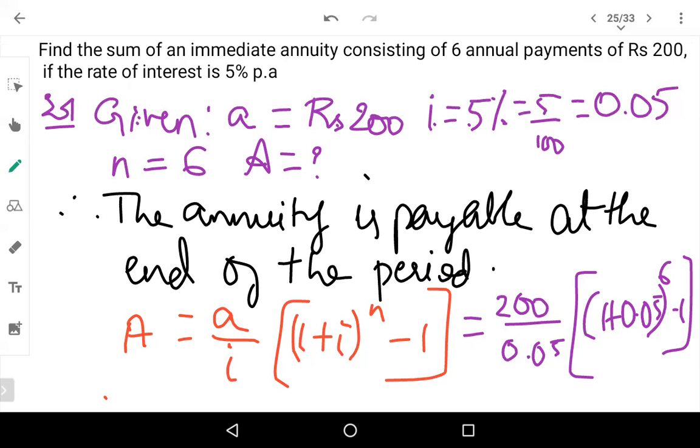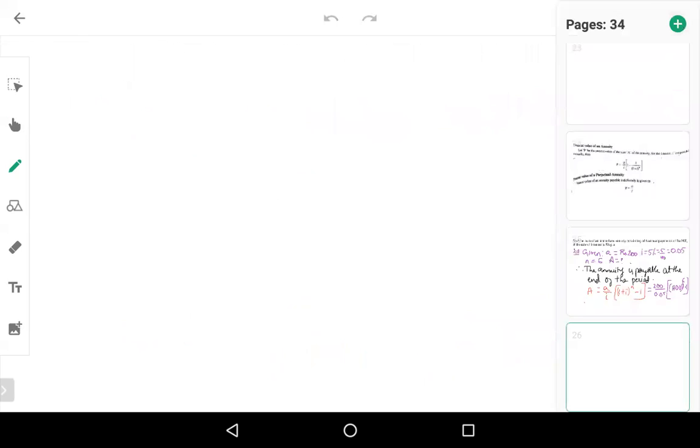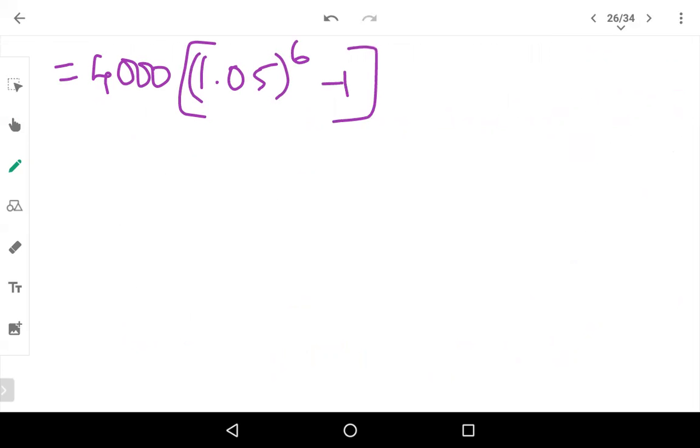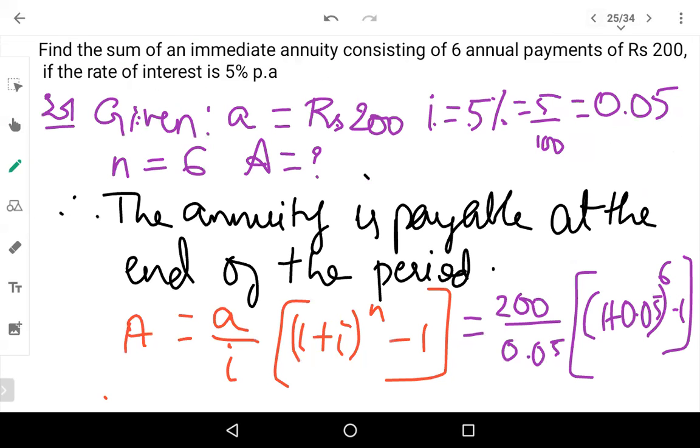Okay, so let us simplify this. So 200 divided by 0.05 will give us 4000 into 1.05 to the power 6 minus 1.